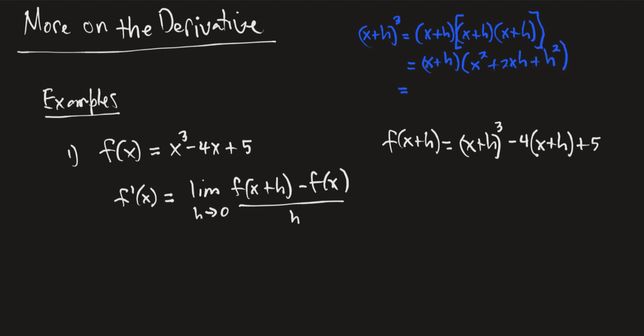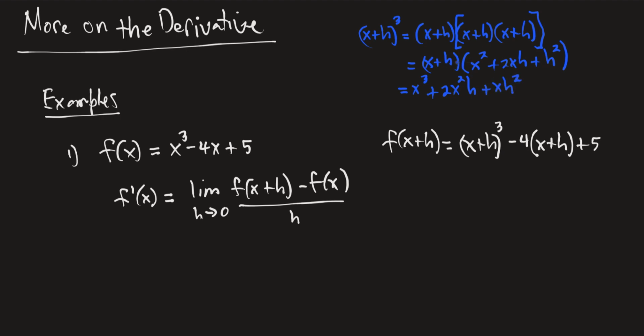And then I have to go through and distribute the x to each of these 3 terms, and then this h to these 3 terms as well. So let's start with the x times x squared, that's x cubed, x times 2xh, that is 2x squared h, and then x times h squared is simply x times h squared.